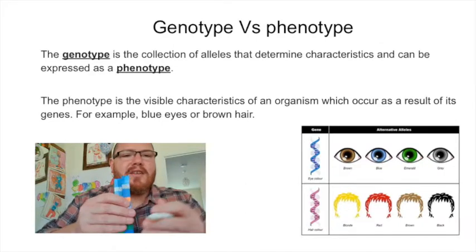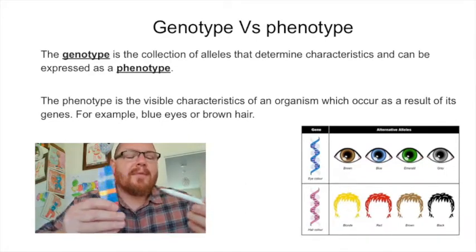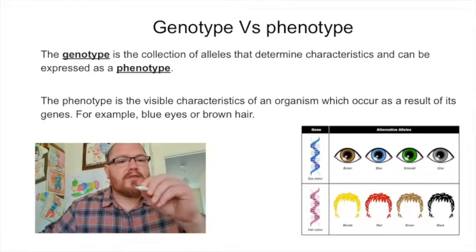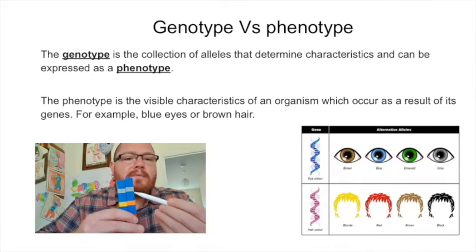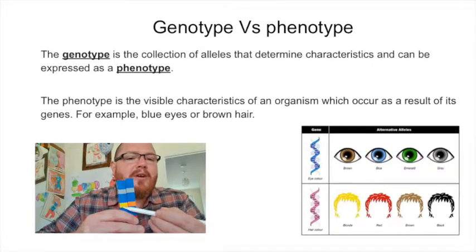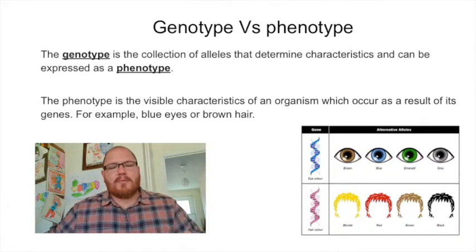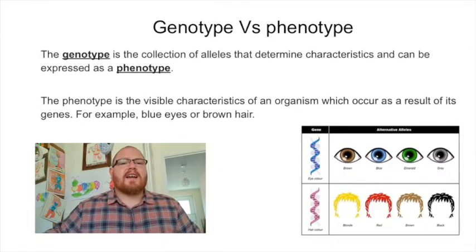It's basically the letters that scientists use to represent them. So it could be a capital A or a lowercase a, depending on which letter I write. Again, we need to go into practice this. So genotype, the letters. The phenotype is what's displayed.